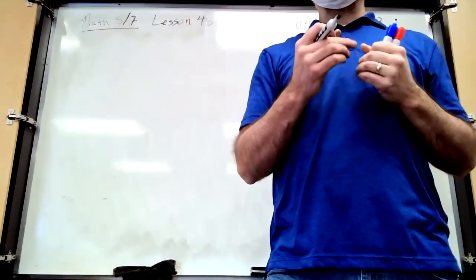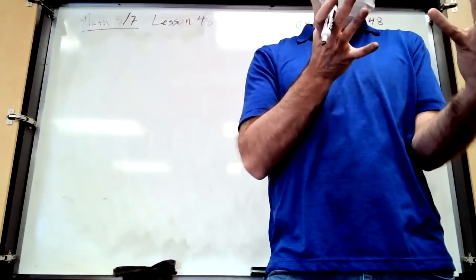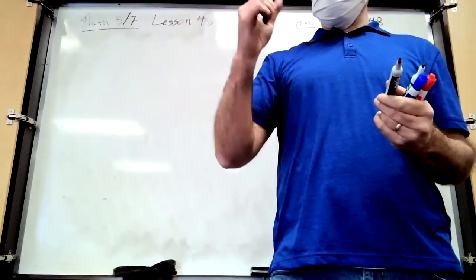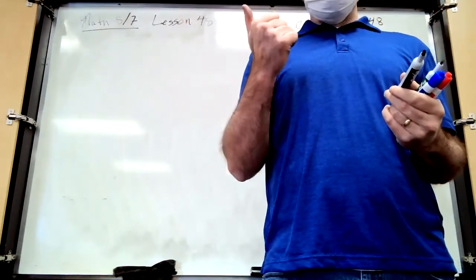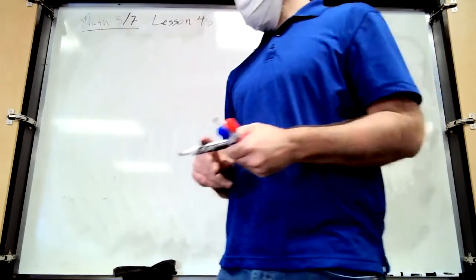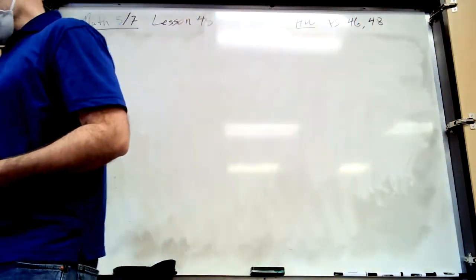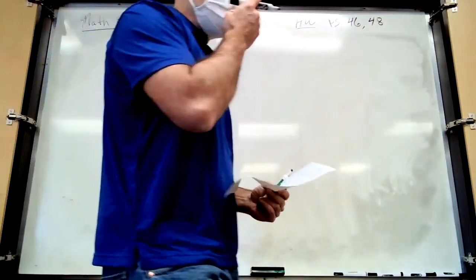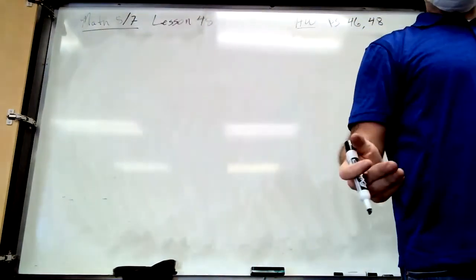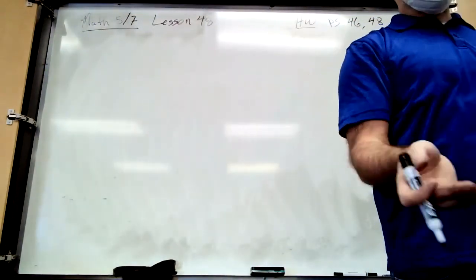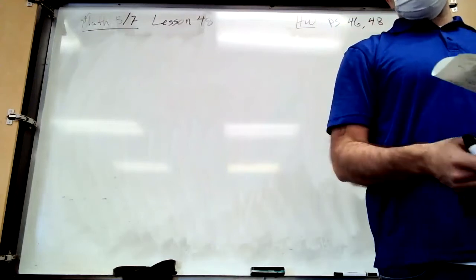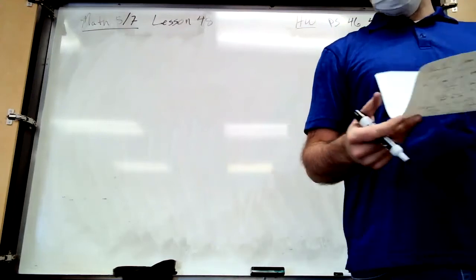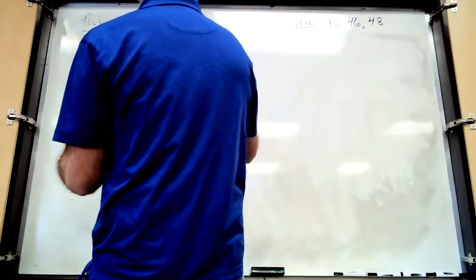Because no matter how you talk about a part of something, you can use fractions, decimals, or percents. Percents look pretty and they're nice to talk about, but mathematically, you can't really use percents. So you have to change percents to decimals or fractions before you can use them in a calculation. But they're fun to talk about.